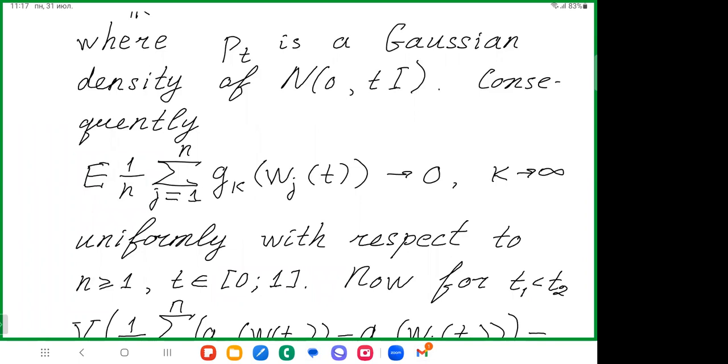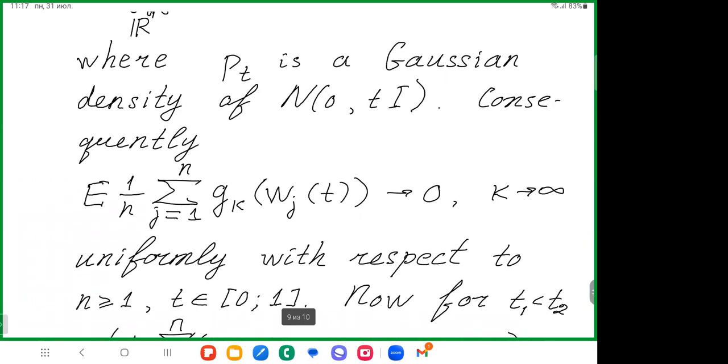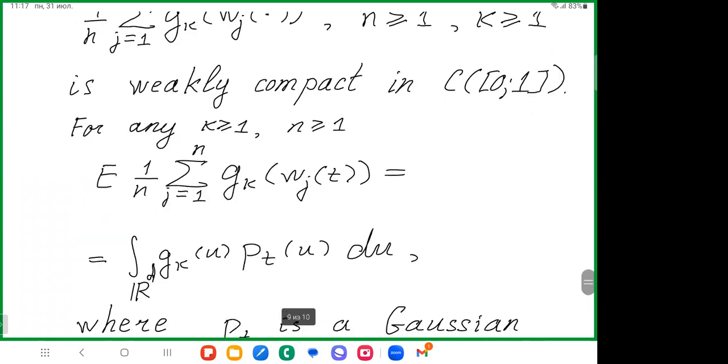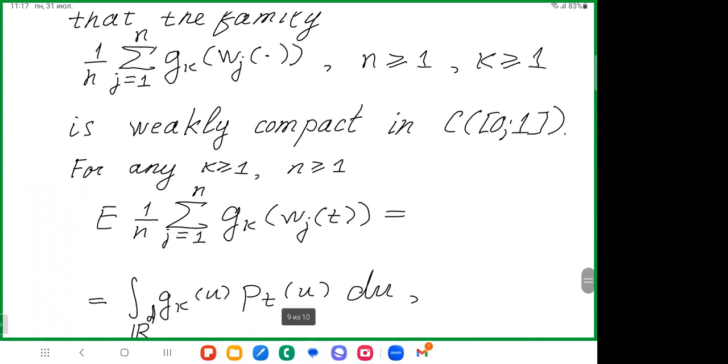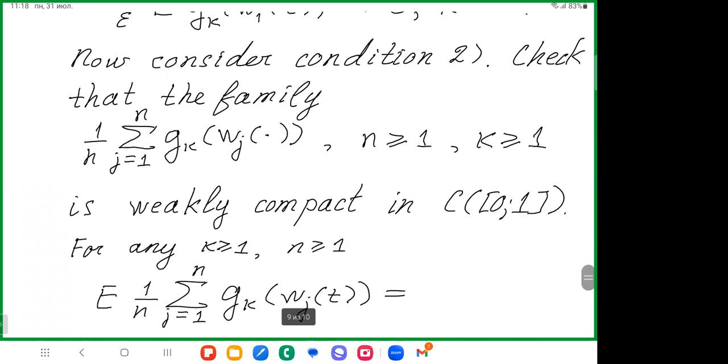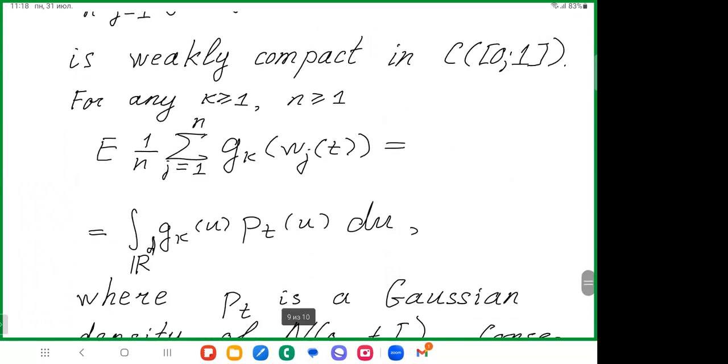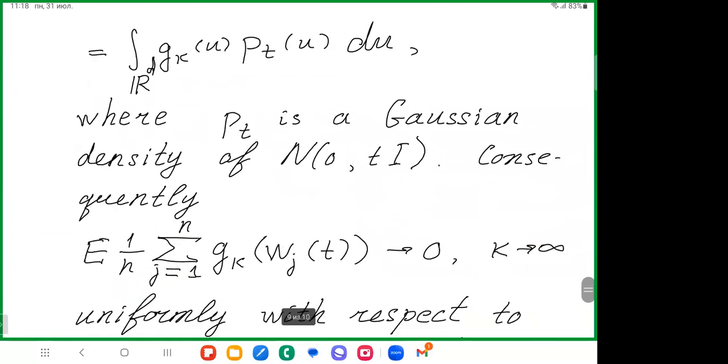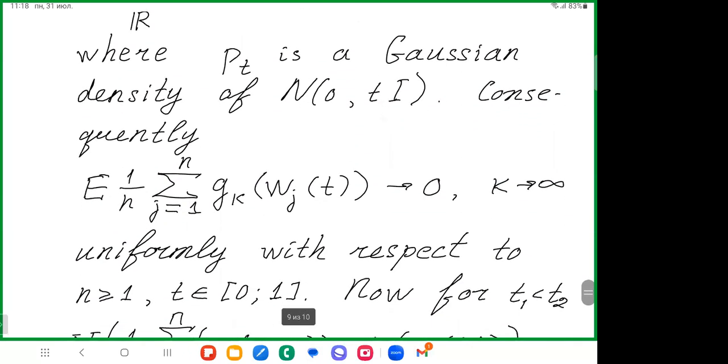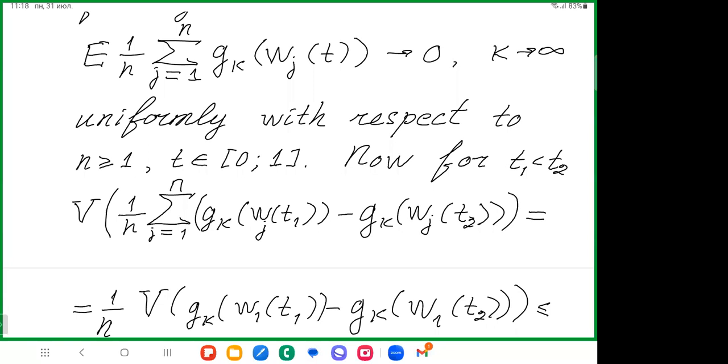Then it is enough to consider the difference between this sum of jk and its expectation. So I will check just the variance. When we discuss the variance of this difference at two different time points, t1 and t2, we have a sum of independent random variables.